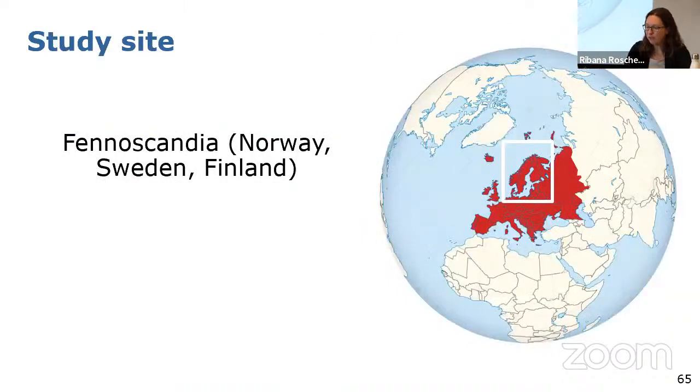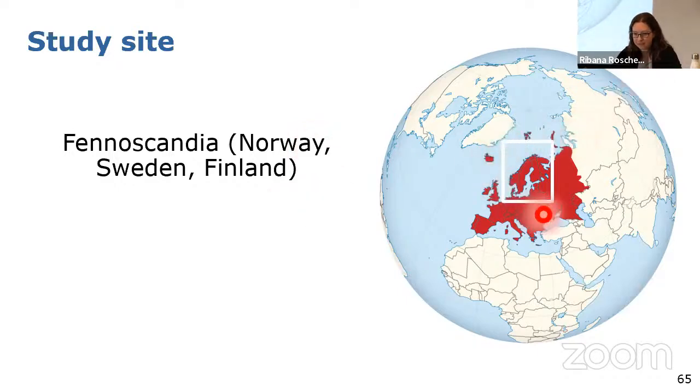So we have a focus on Fennoscandia for our analysis, and we developed a neural network which can distinguish between areas we can clearly assign to either wilderness or non-wilderness. Fennoscandia is Norway, Sweden, and Finland.